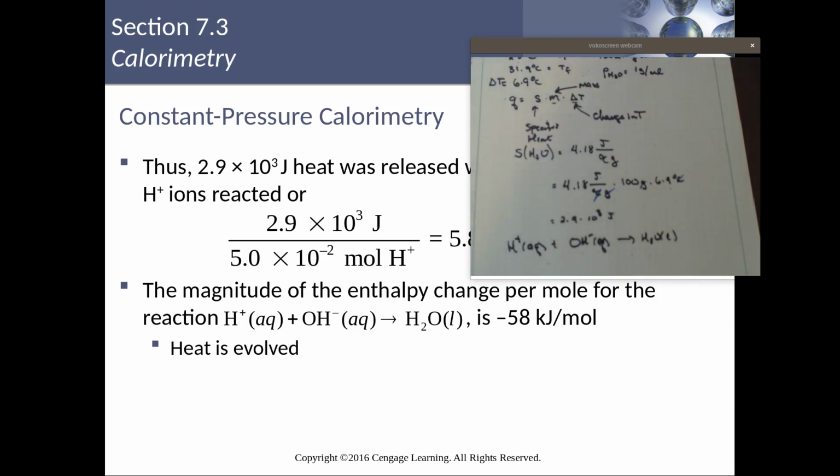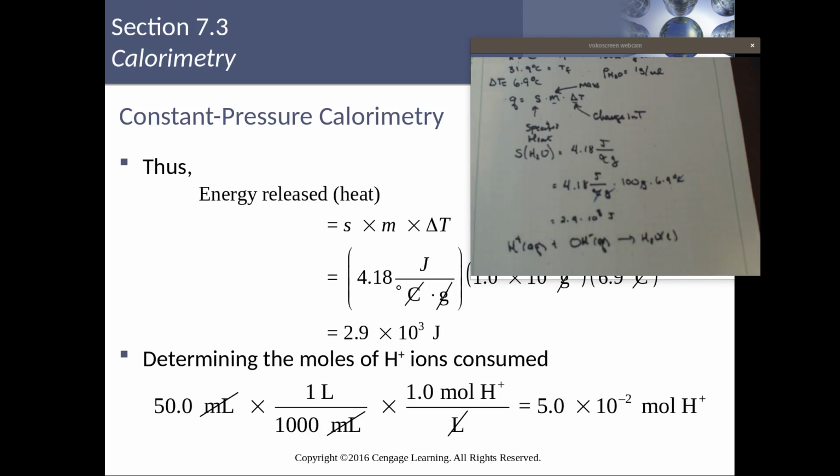And for this particular quantity, if I have 100 milliliters of water that was formed, I can go back and say, well, I had 5 times 10 to the minus 2 moles of hydrogen ions consumed.